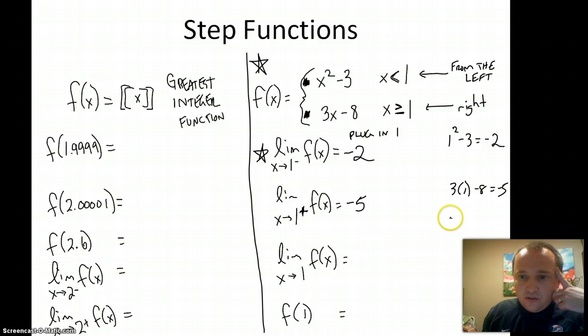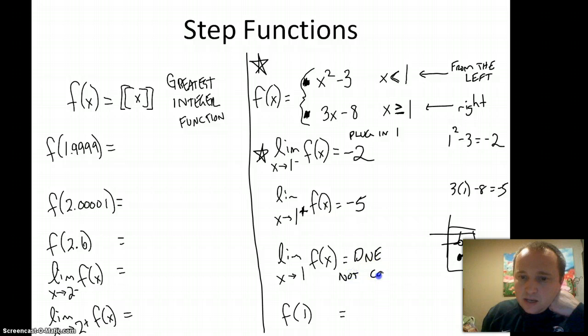No. So if you think of your function, as it gets to 1, it approaches negative 2 from the left, and it approaches negative 5 from the right. That is a solid dot, and this is a hole. And do these meet? Do they meet up? No. And so I say my limit does not exist. And the other thing that I can also say is not continuous.